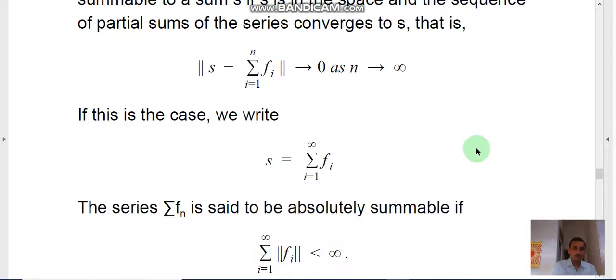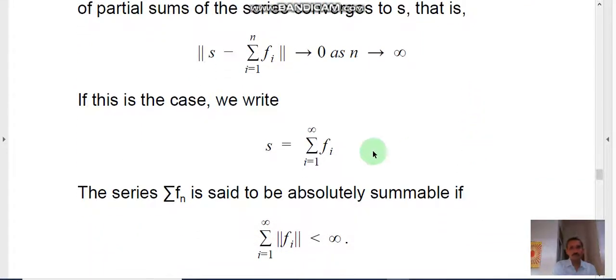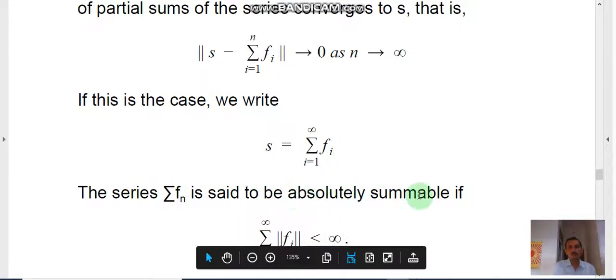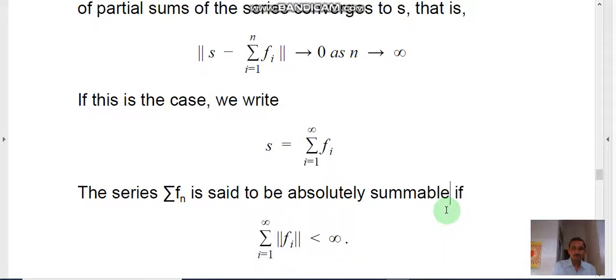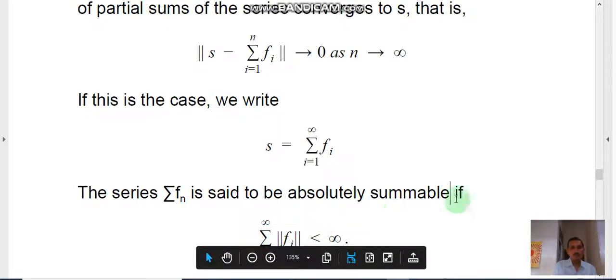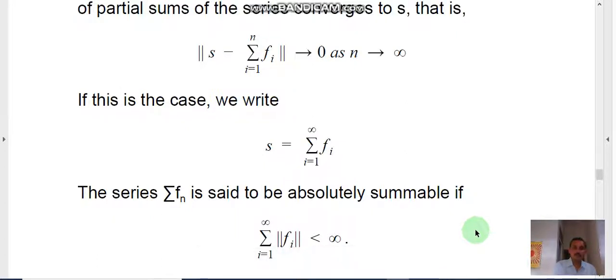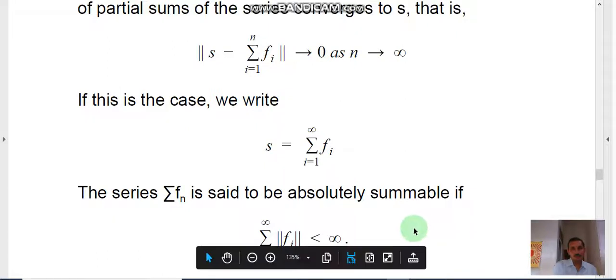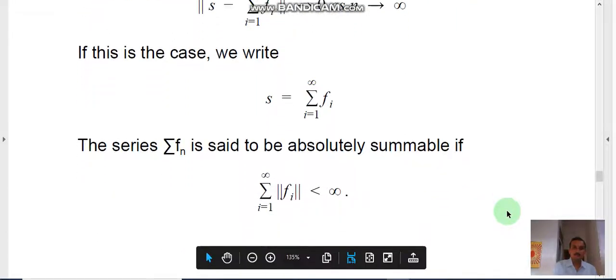The next definition: the series summation fn is said to be absolutely summable if summation i equal to 1 to infinity norm fi is less than infinity.